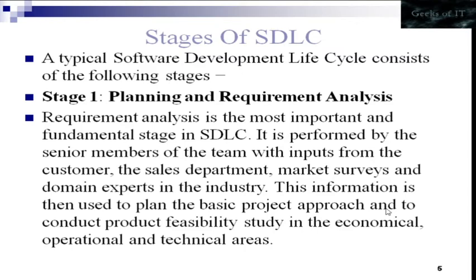The second main activity of the planning stage is to conduct a feasibility study in different areas like economical, operational, and technical areas. In economic feasibility, the cost benefit analysis is done, in which expected cost and benefits are evaluated.